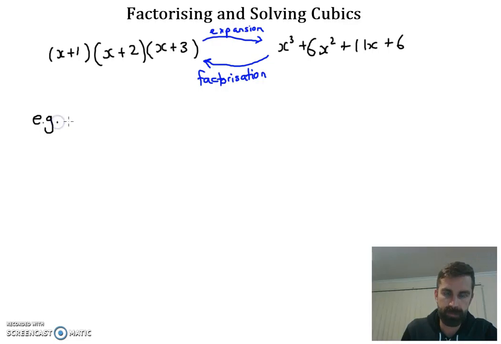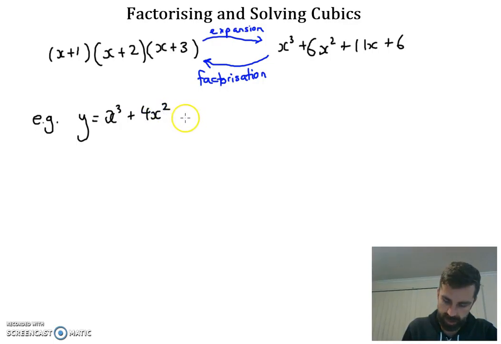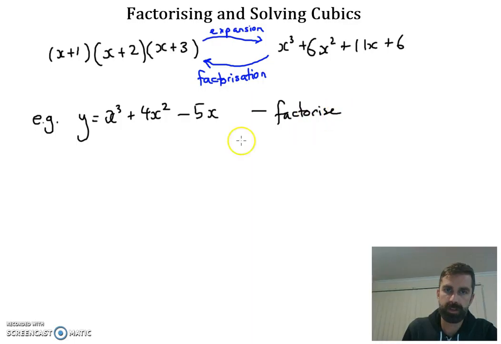So first of all, let's have an equation y equals x cubed plus 4x squared take 5x, and I want to factorize this equation.